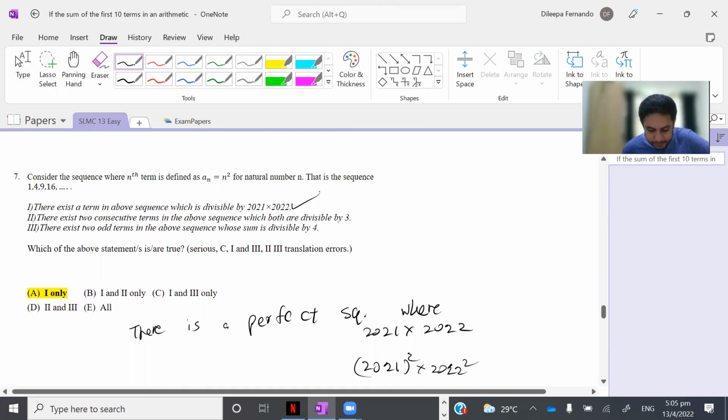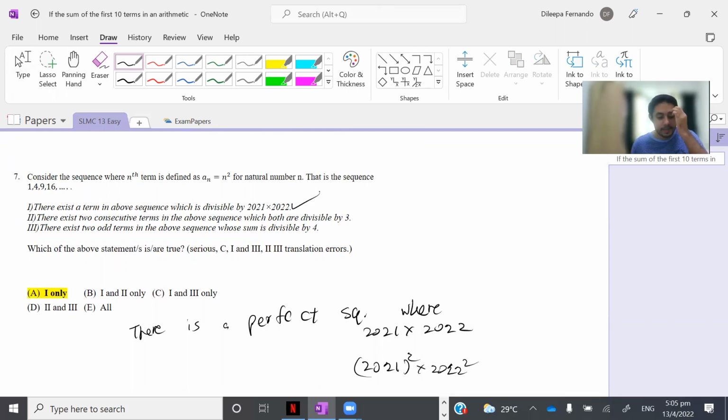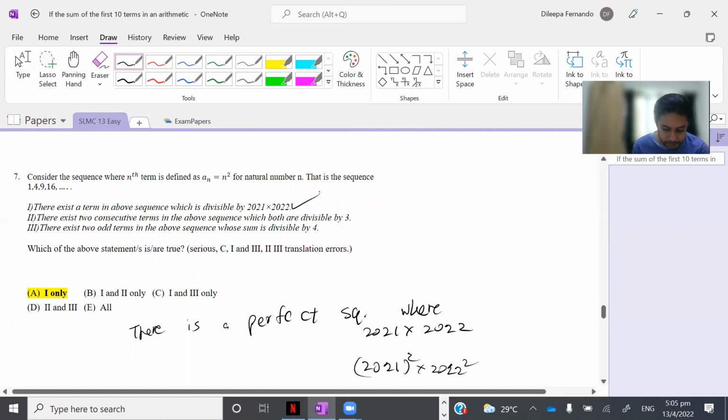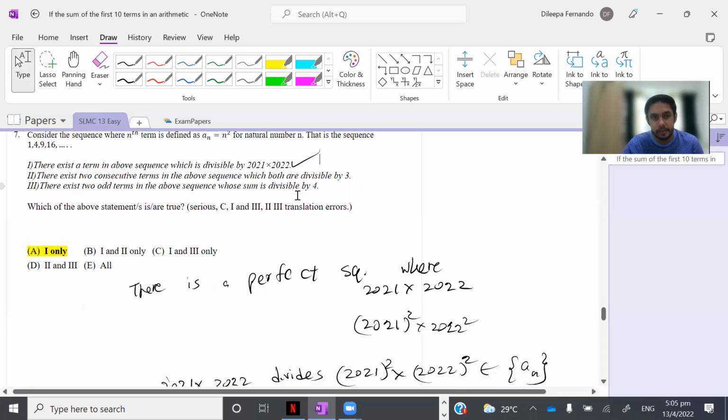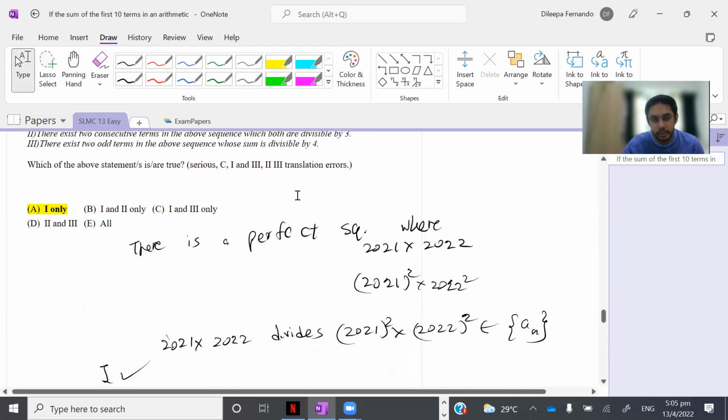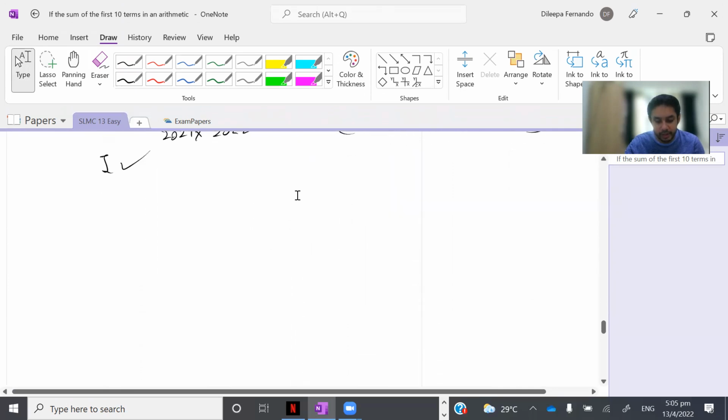Now let's consider the second statement: there exist two consecutive terms in the above sequence which are both divisible by 3. Now let's consider modular arithmetic, and how it works for square numbers. Any natural number can be written as 3k, 3k plus 1, or 3k minus 1.